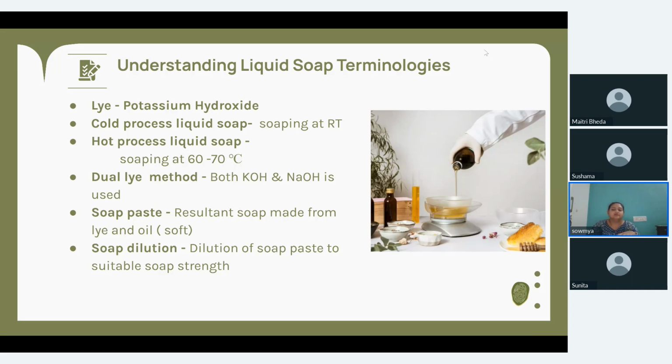I will type it in, one minute. Even Purenso has Crothix available. It is PEG-150 pentaerythrityl tetrastearate. So people also use that to thicken their liquid soaps.